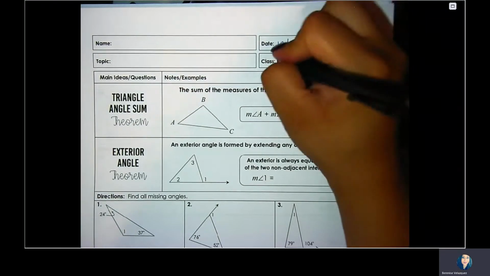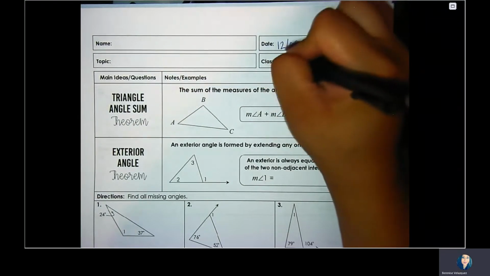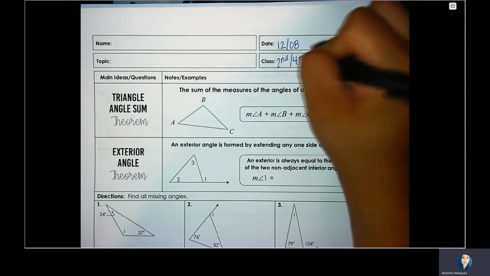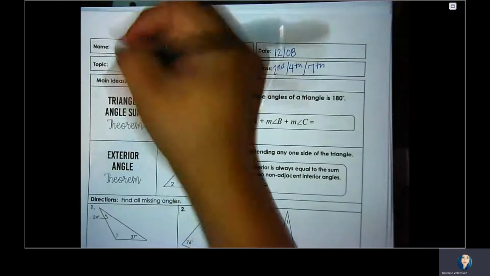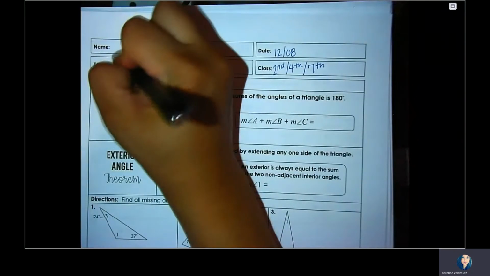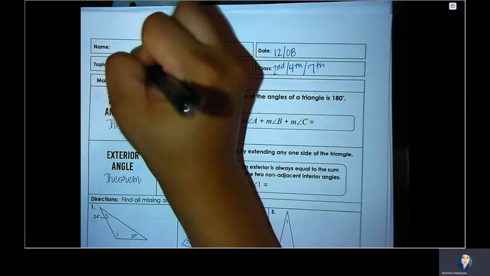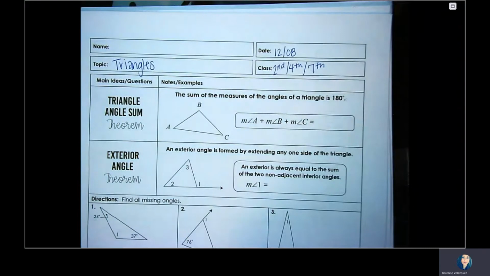Okay, and then the class periods are going to be either 2nd, 4th, or 7th periods. Okay, and then the topic is triangles if you want to write that in. Okay, so we're in the unit for triangles.